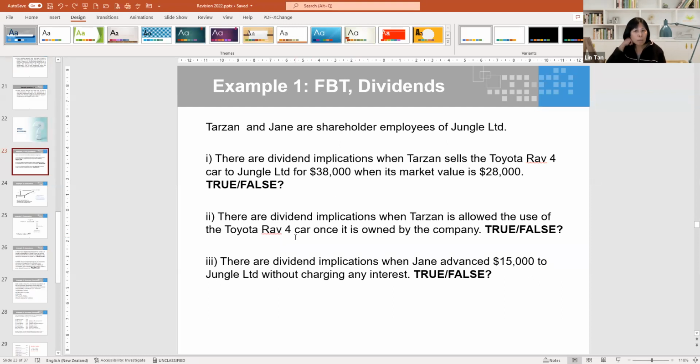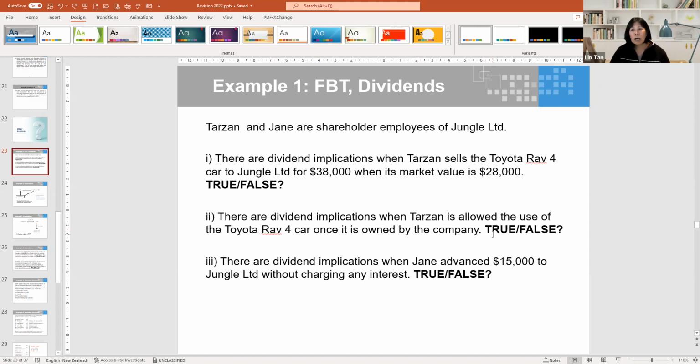Then after the company bought the car, the company actually allowed the employee to use the car. So in this case, Tarzan, who is a shareholder employee, is allowed to use the car. And the statement is there are dividend implications when Tarzan is allowed to use the car when it's owned by the company.